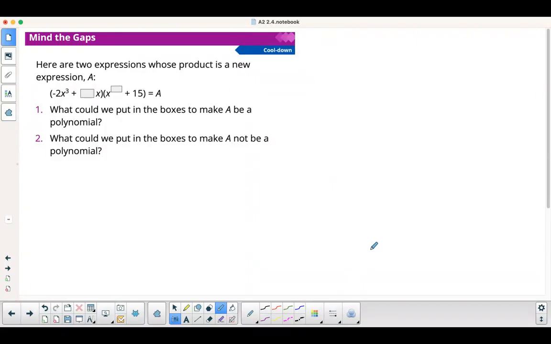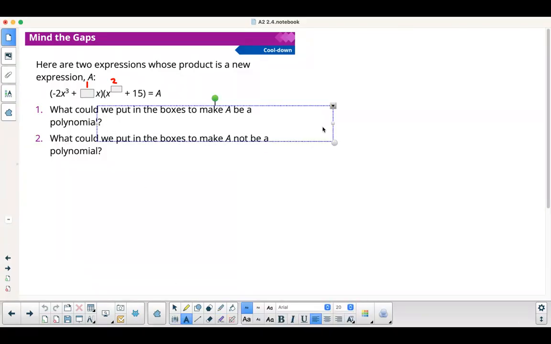Well, this would have to be any real number, really, for this first box. So we'll call this box 1, call this box 2. So box 1 can be any real number. The coefficients don't matter.